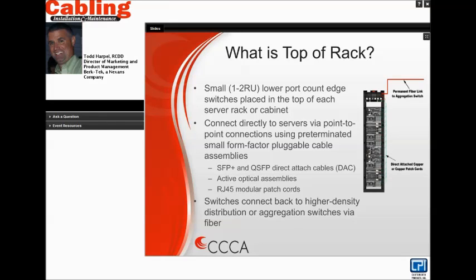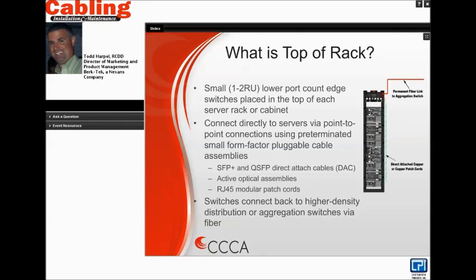Today, in a 10 gigabit environment, you're probably using an SFP Plus or a QSFP direct attach copper cable assembly or an active optical assembly. And more recently, if you are using a 10 gigabit connection, now that there is 10 gigabit Ethernet equipment for twisted pair, or 10G-base-T switches and servers available, you're using an RJ45 modular patch cord directly between your switch and server.